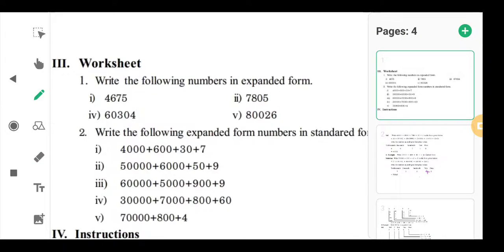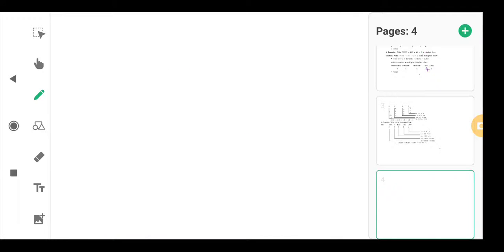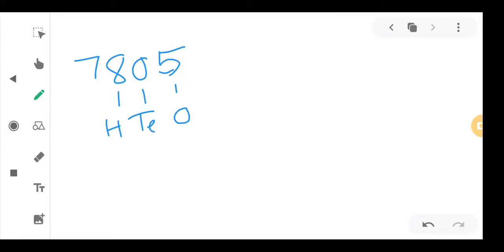Okay, what is the number? 7,805. Again, first of all, we have to find out the places. This is ones place, tens place, hundreds place, thousands place.